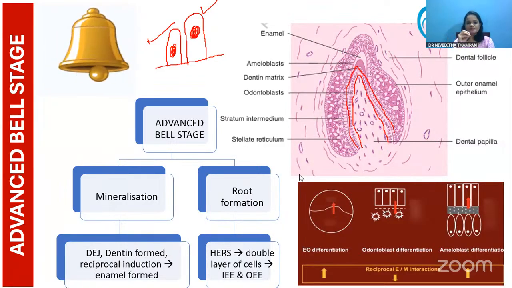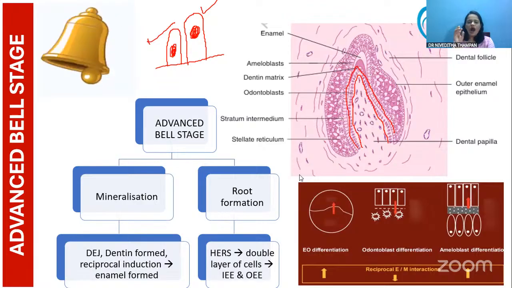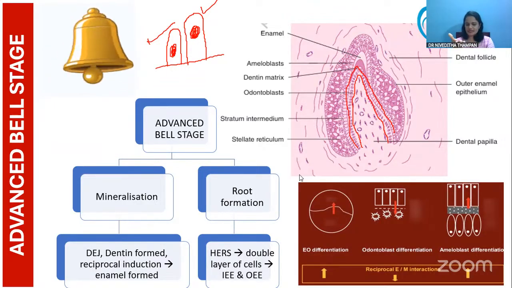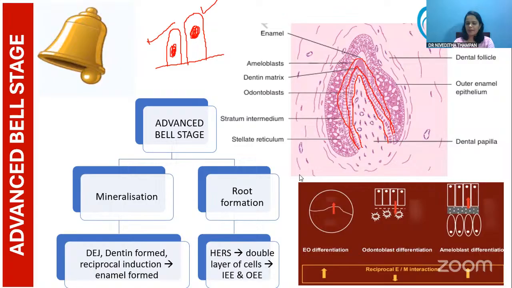One thing you have to remember here is that enamel and dentine are hard tissues that are getting formed. Till this stage, the inner enamel epithelial cells, the future ameloblasts, are getting nutrition from the dental papilla, because the dental papilla has lots of blood vessels.